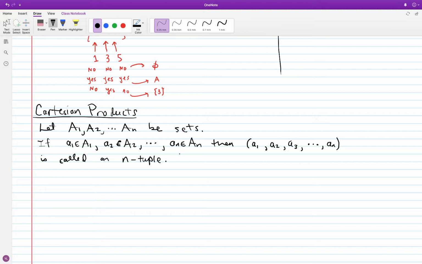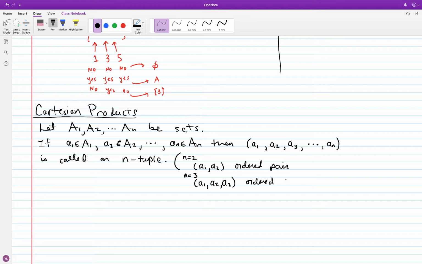Okay, and just like for some conventions, if we're talking about n equals 2, and we write something like this, a1, a2, that's called an ordered pair. We don't really call it a 2-tuple because that's obnoxious. We call it an ordered pair. And then if we're talking about n equals 3, so we've got 3 sets and we're listing 3 elements, each one taken from one of the sets A1, A2, A3, that's called an ordered triple.